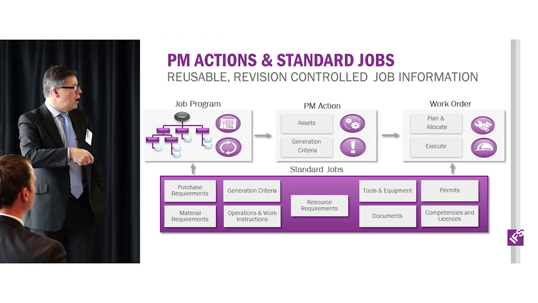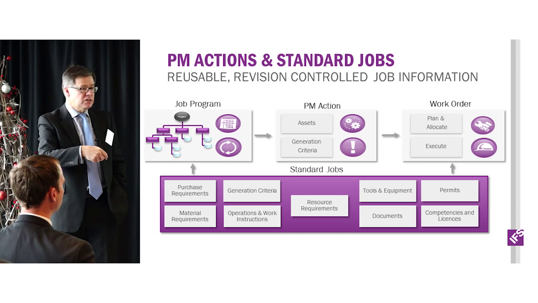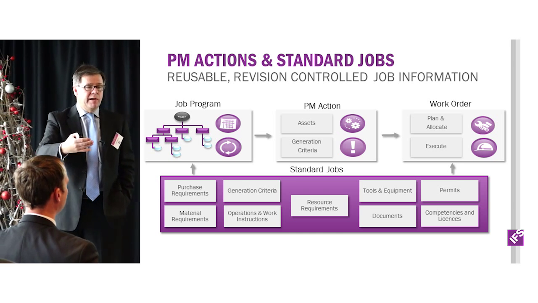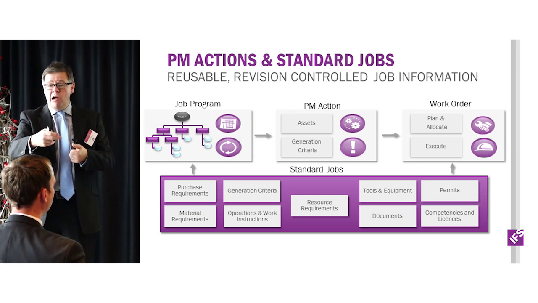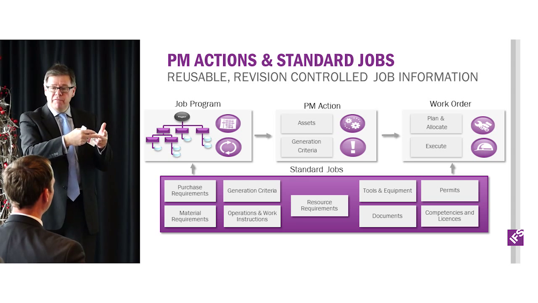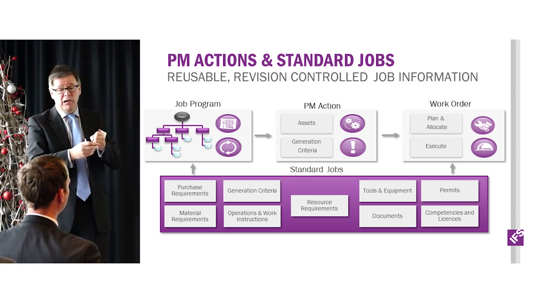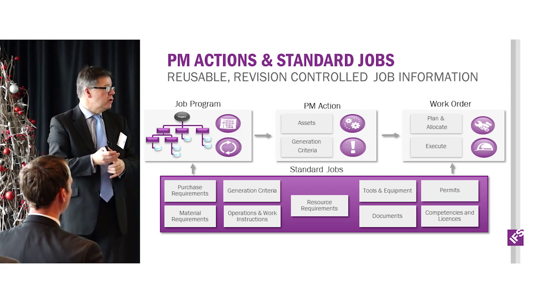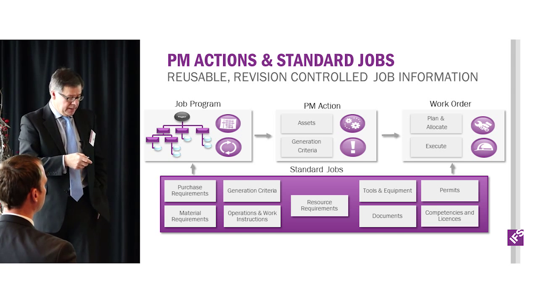Standard jobs are compiled as part of a job program against all of the assets, and then the criteria that generates them is defined uniquely. So it could be hours run, temperature, vibration, condition, or it could be as simple as we do this job every 6 months or every 12 months or whatever. So all of that capability is there.